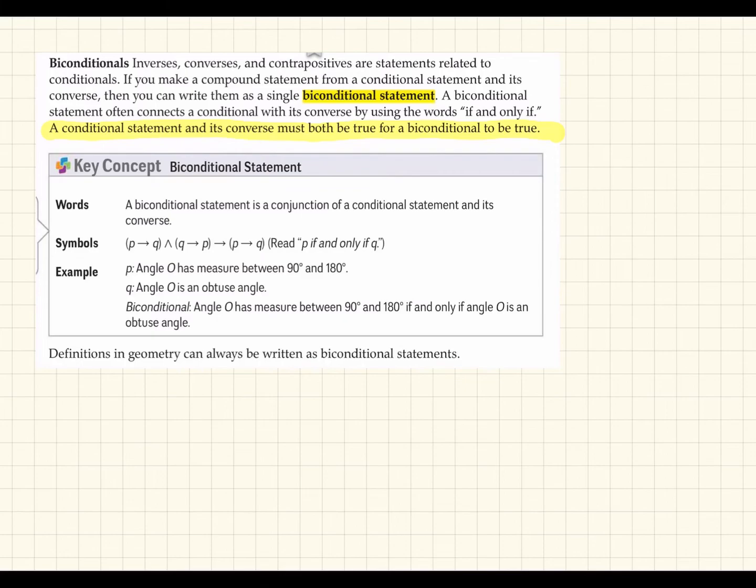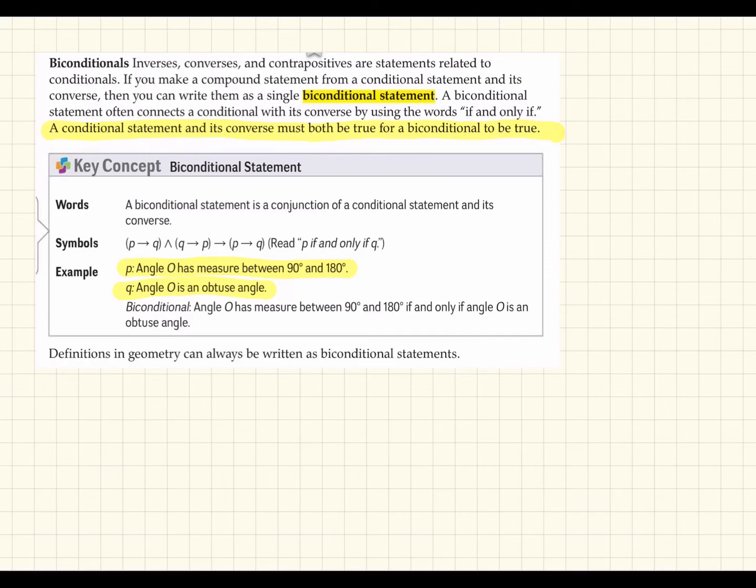So let's say that we have two statements. When we have a statement, it's not necessarily true or false. It's just a statement. We have to evaluate it in order to determine if it is true or false. Statement P: angle O has a measure between 90 and 180 degrees. Statement Q: angle O is an obtuse angle.